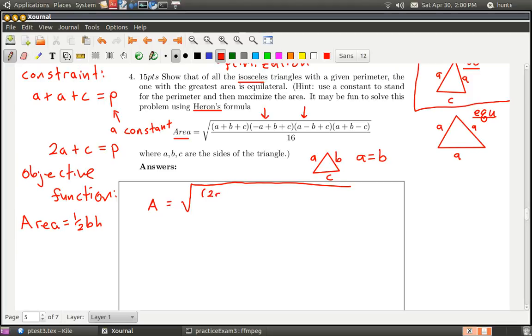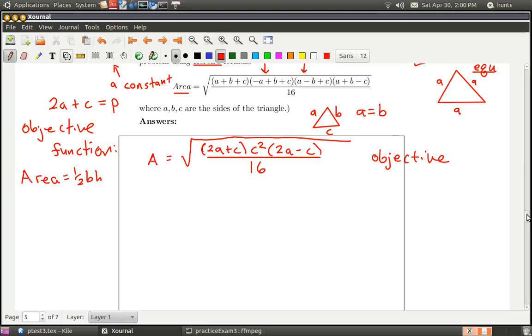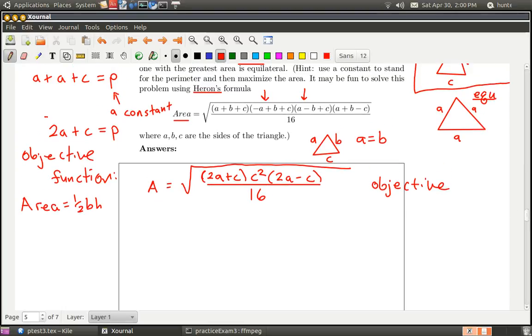So it's going to look like 2A plus C for this first thing, and then it's going to be C squared in the middle because the A's and the B's are going to cancel, and then at the end it's going to be 2A minus C. Okay, and it's all going to be over 16. Alright, so this is going to be our objective function. And like I said, right now it has two unknowns, A and C, but we have here our constraint equation, which lets us eliminate a variable.